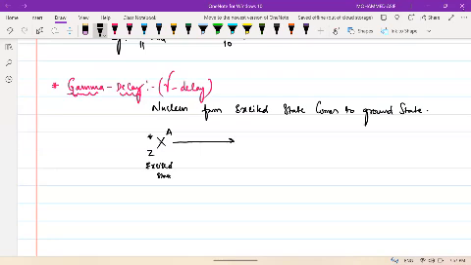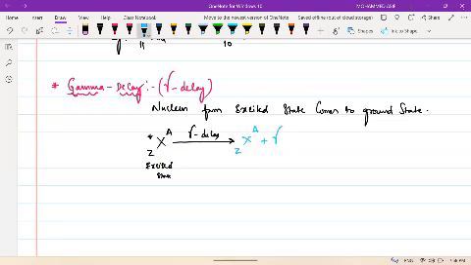By undergoing a process called gamma decay, it will get converted into X, Z, A again. There is no change in atomic number, no change in mass number, plus certain energy in the form of gamma radiations. Am I clear?